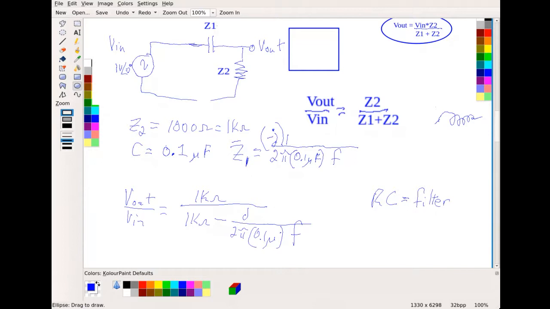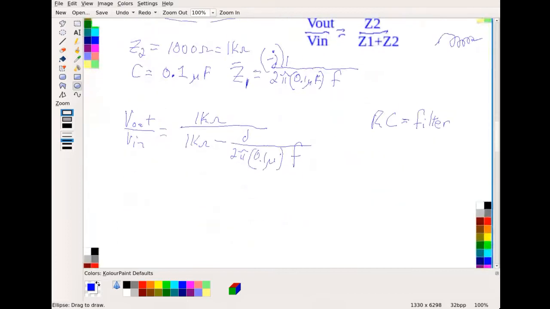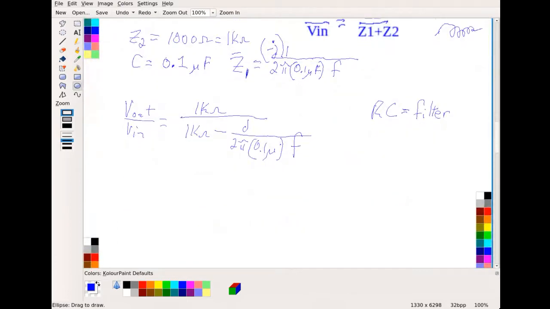All right. And if you remember, we talked about resonance. We had the resonance for an LC circuit with inductor and capacitor.